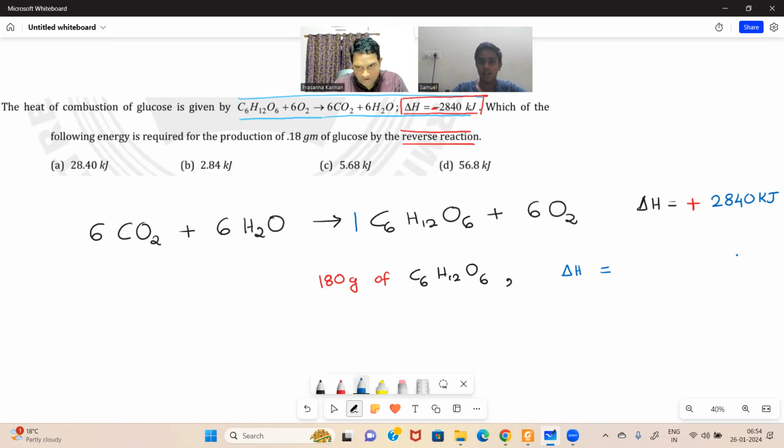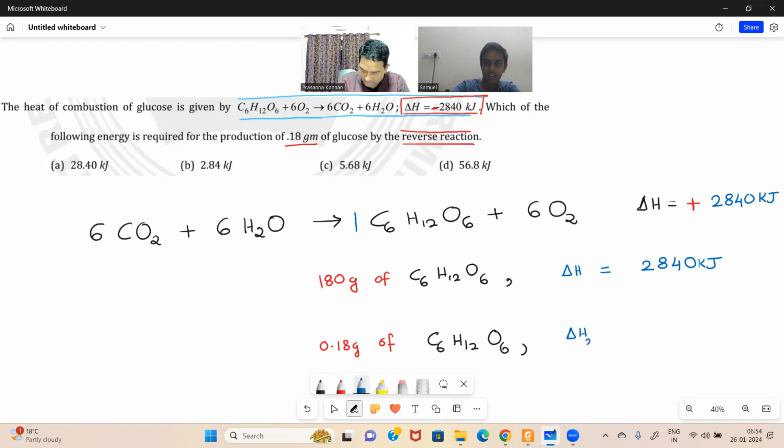Positive 2840 kilojoules. But how many grams do we need? We need just 0.18. So for 0.18 grams of glucose to be formed through this reaction, what will be the new delta H? Maybe I'll call this delta H as delta H2. Get it for me? 2840 by 180.